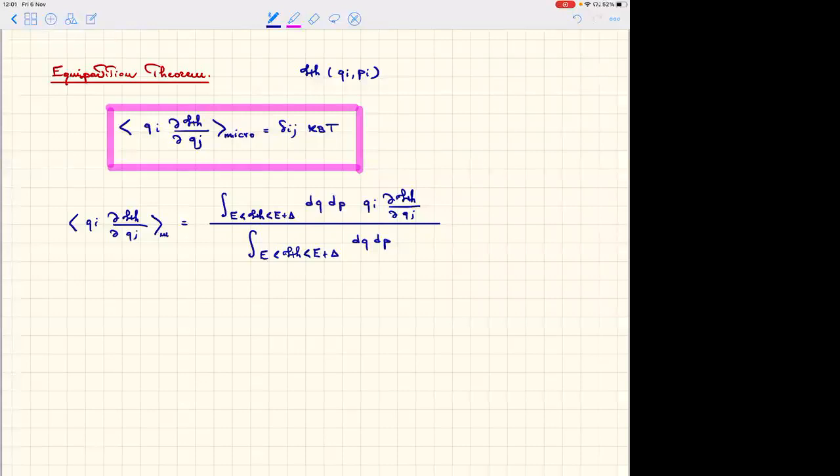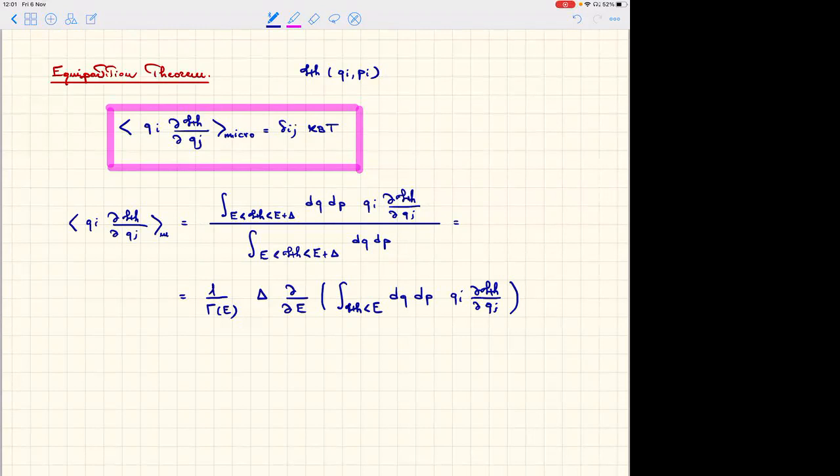Now, you can rewrite this as 1 over gamma of E. Now, if delta is small, I can rewrite the upper integral as delta times the derivative with respect to the energy of the integral over H smaller than E of dq dp qi dH/dqj.